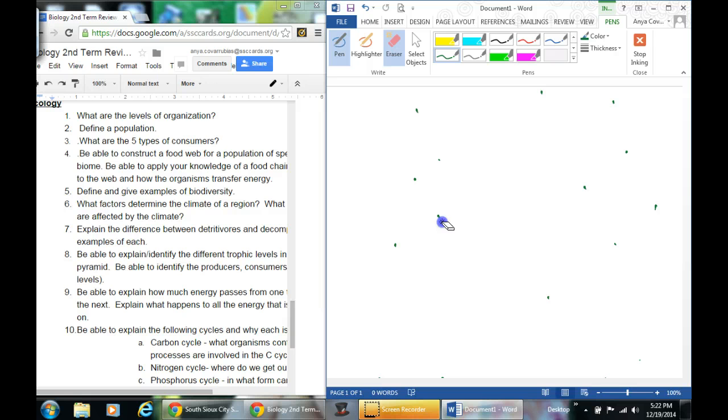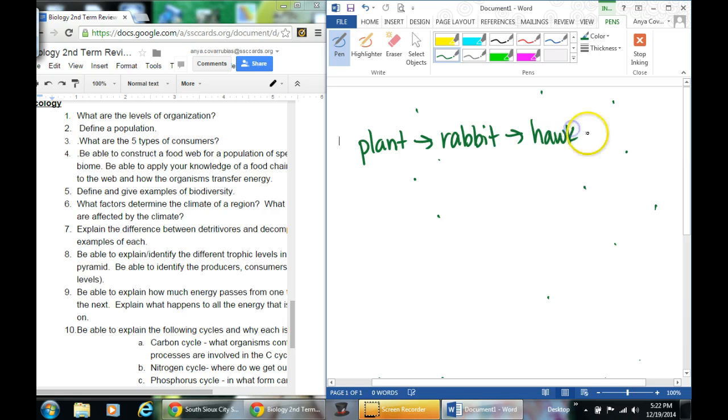Okay, and then food chain versus food web. If you have a plant that's going to put its energy into a rabbit that is then going to put its energy into a hawk, and then the hawk puts its energy into a fox, so the fox eats the hawk, hawk eats the rabbit, rabbit eats the plant.